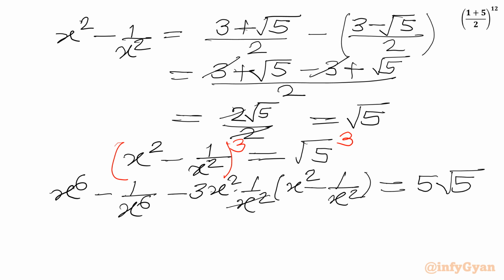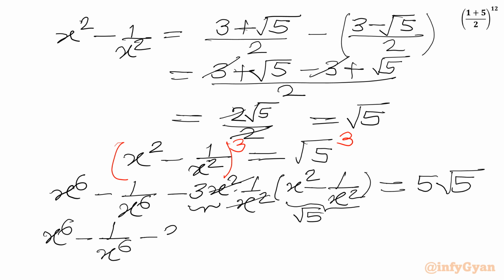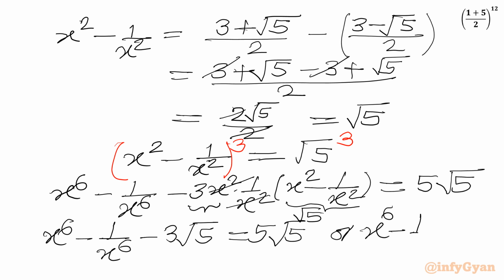Now x square and 1 over x square will cancel. Now here we have 3 only, and this bracket is square root 5. So I can write x power 6 minus 1 over x power 6 minus 3 square root 5 equals 5 square root 5. Or we can write x power 6 minus 1 over x power 6 will be equal to 5 plus 3 is 8, 8 square root 5.